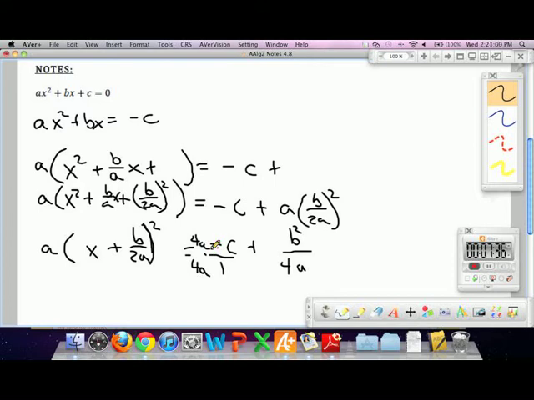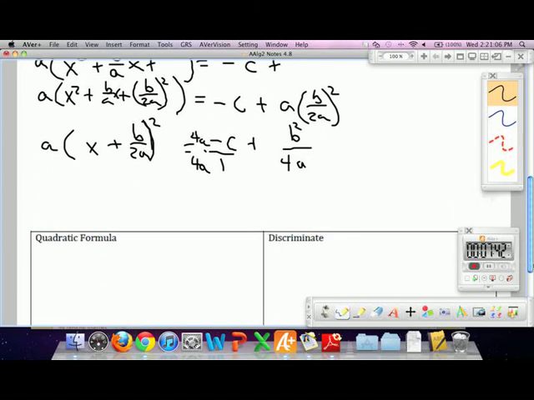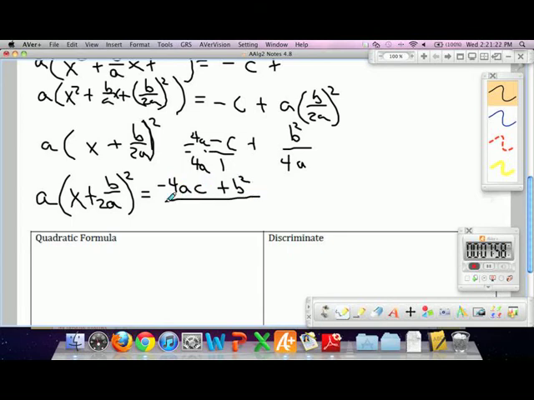We're getting close. We've got x plus b over 2a, squared, and that's equal to negative 4ac plus b squared. And it's a common denominator, so we can just throw it all underneath one fraction.